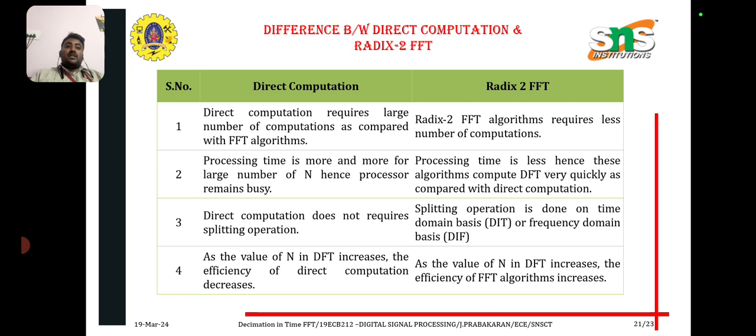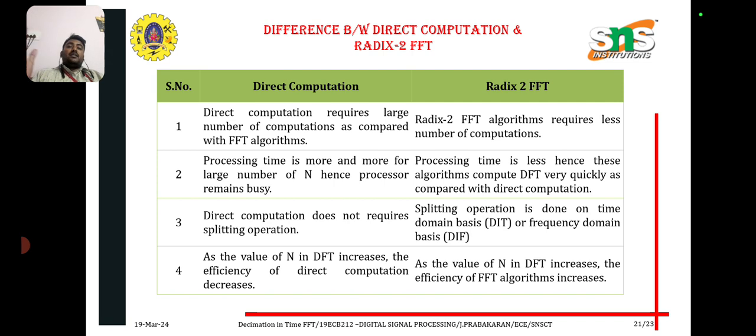Radix 2 FFT requires fewer computations. The processing time is more when we are using direct computation, while with radix 2 FFT the processing time is less. Also, direct computation does not require a splitting operation.